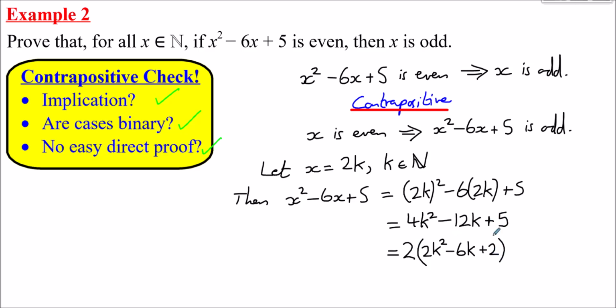Now 2 multiplied by plus 2 gives us 4. We need 5, so we need to add an extra 1 on the outside. So this thing here is a multiple of 2, which is even. Therefore, when I add 1 to it, we can say this is odd.